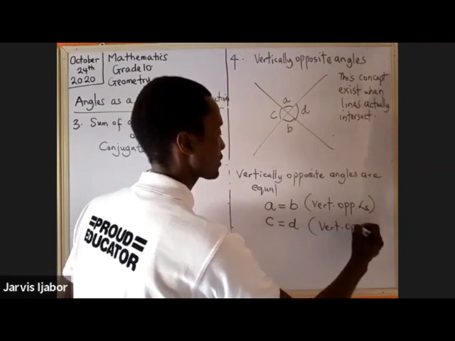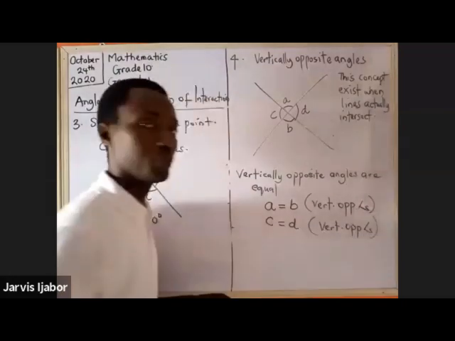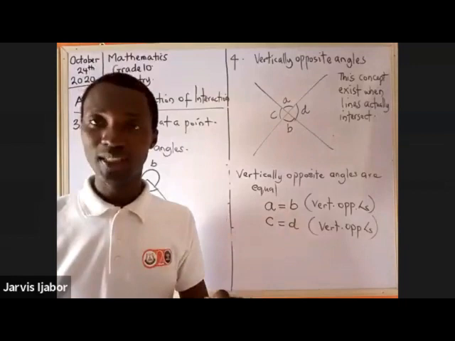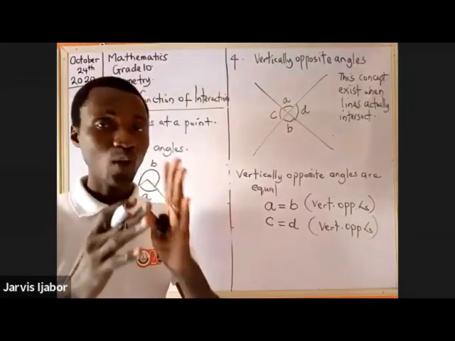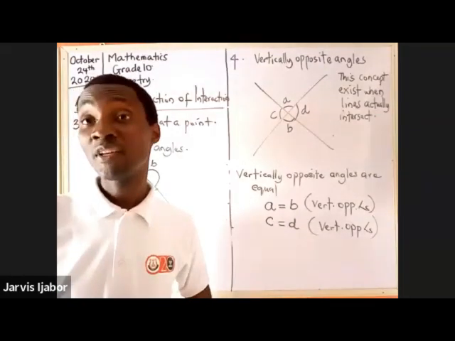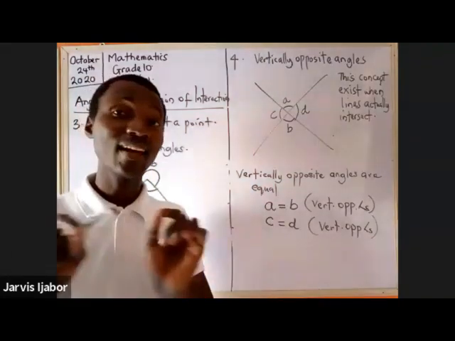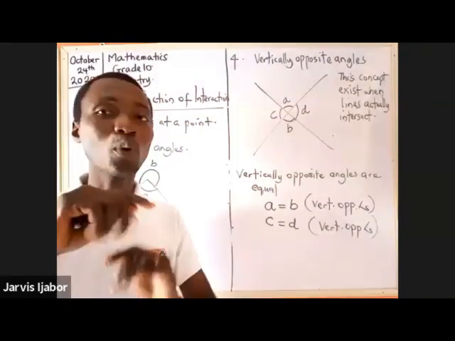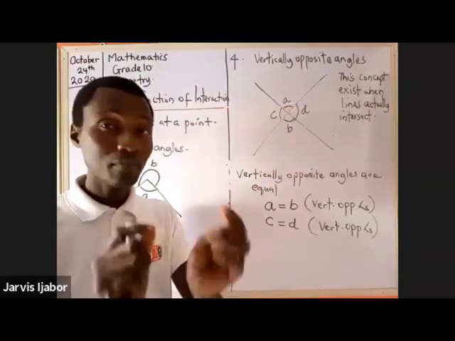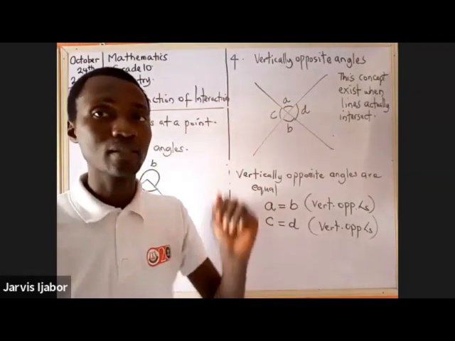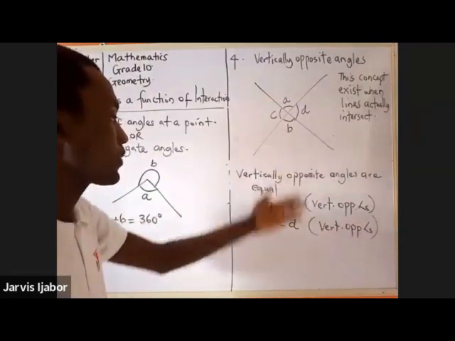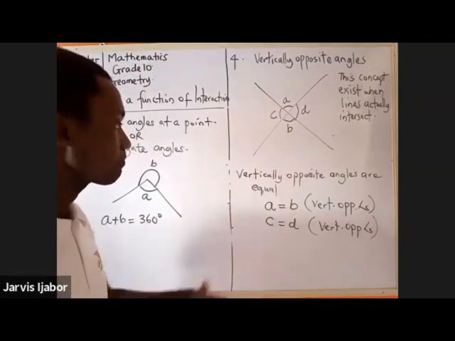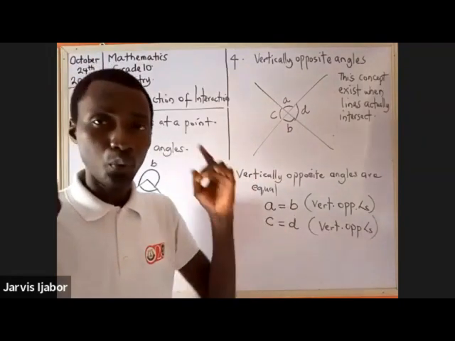So that's the shorthand form for writing it. And this is actually a build-up for something we are going to do shortly. It's a build-up, or sometimes if you're a movie fan like me, it's an Easter egg for formal geometry. There's something we call formal geometry, and we're already building gradually to that point. So vertically opposite angles are equal.